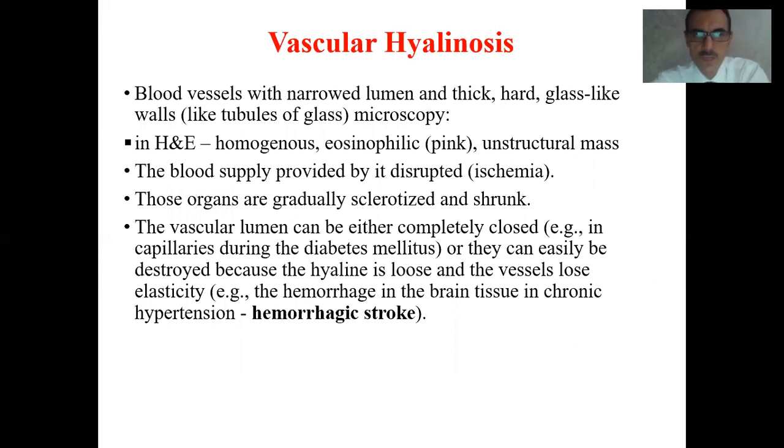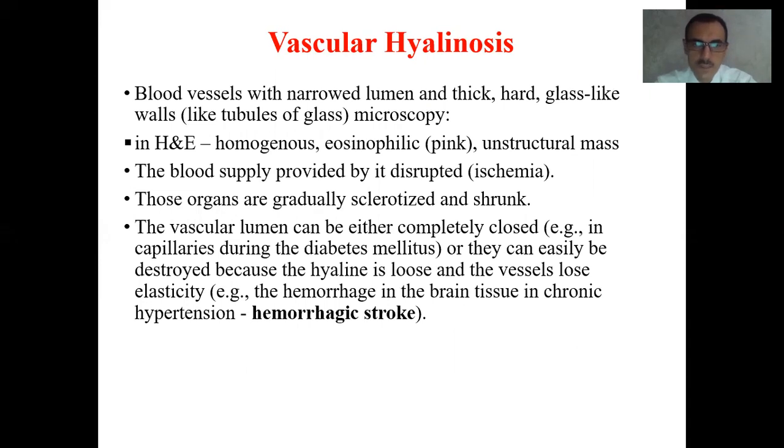In the vascular hyalinosis, the blood vessels have thick, hard, glass-like walls. In microscopy with hematoxylin eosin, it is homogeneous, eosinophilic or pink, an unstructured mass. The blood supply provided by these blood vessels is disrupted, which we call ischemia.